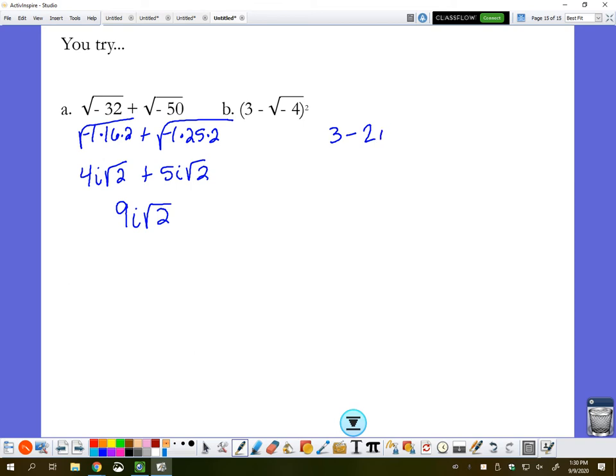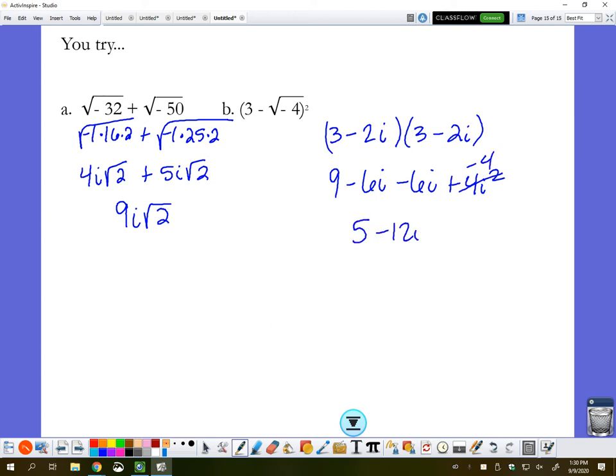This square root of -4 is just 2i. And it said squares, we're going to do 2 of those. So 9 minus 6i minus 6i plus 4i squared, so -4. So 5 minus 12i.